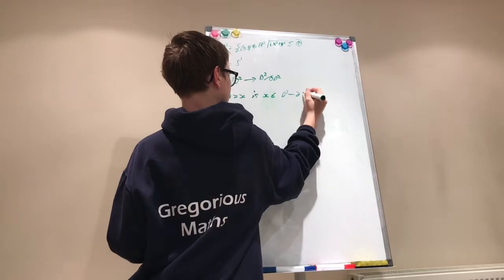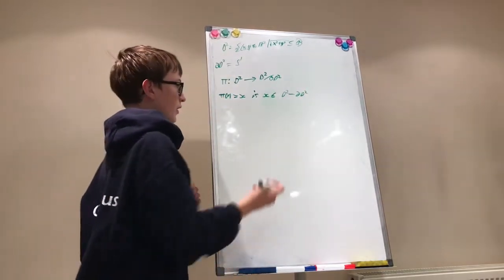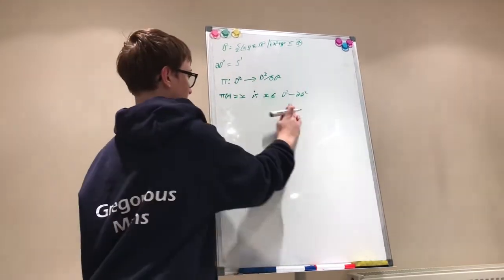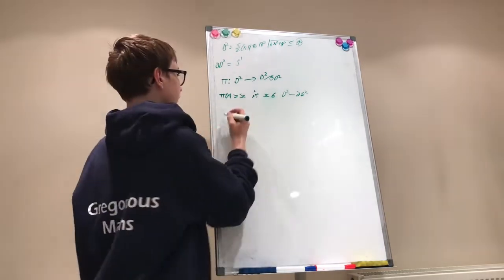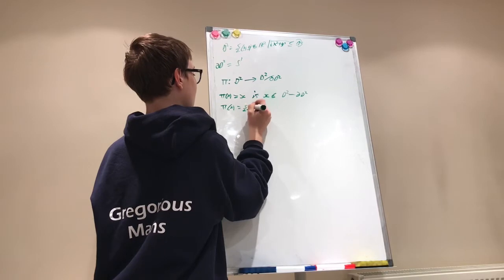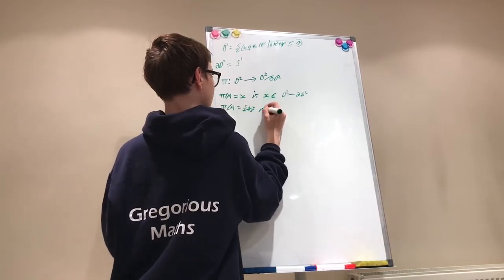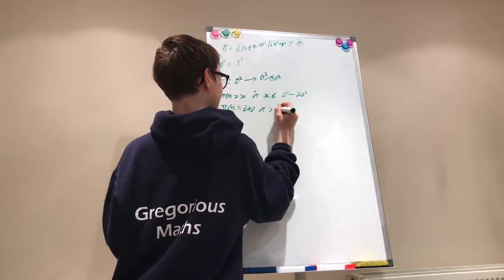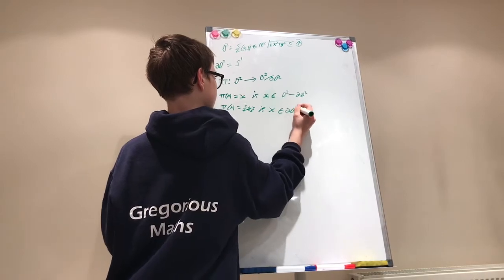So it's in the 2-disk, but it's not on the boundary, so it gets mapped onto itself. And pi of x equals star if x is in the boundary.